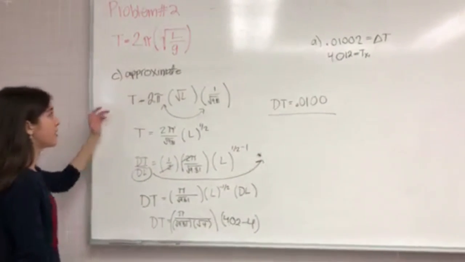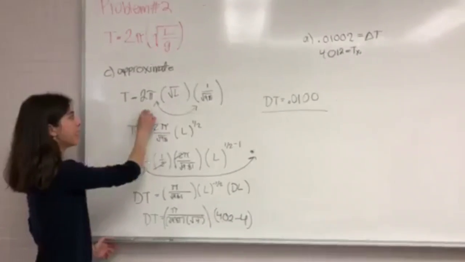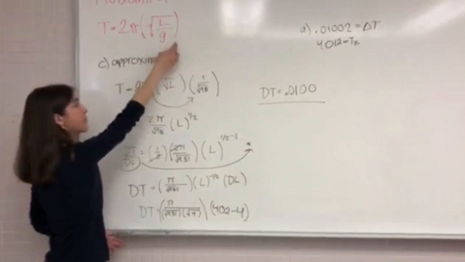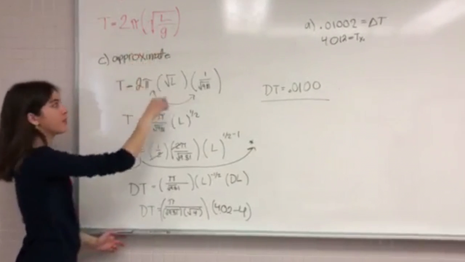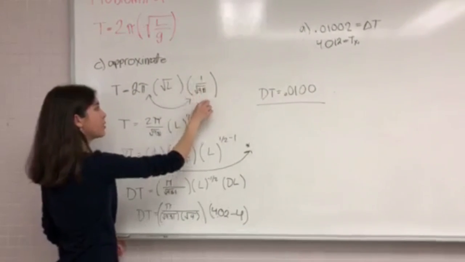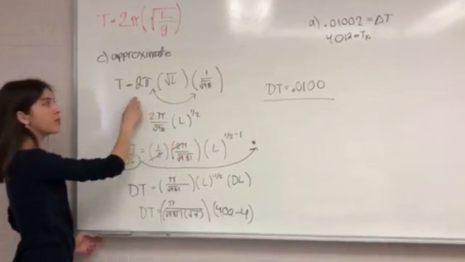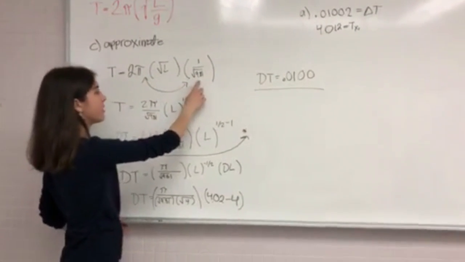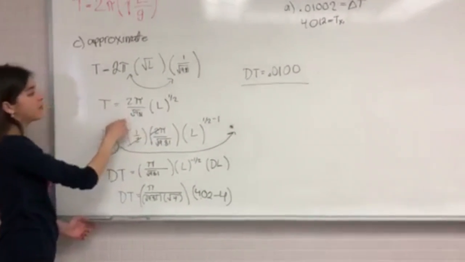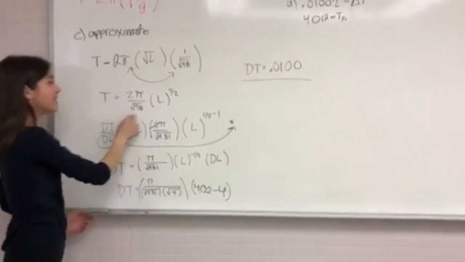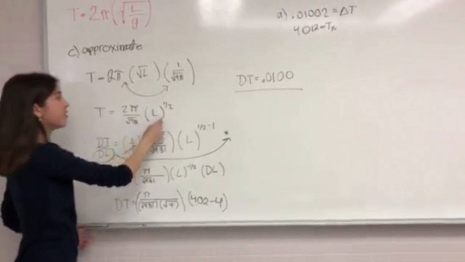In part C, it asks us for the approximation. In the approximation, we use derivatives. So we have 2 pi times the square root of L over gravity, which we separate into the square root of L times 1 over the square root of 9.81. We multiply 2 pi times 1 over the square root of 9.81, and we have 2 pi over the square root of 9.81 times L to the 1/2.